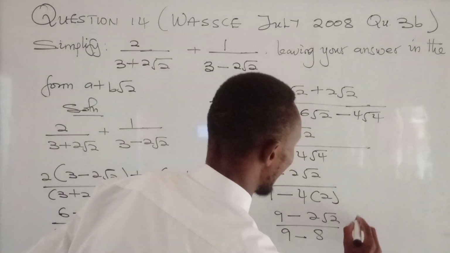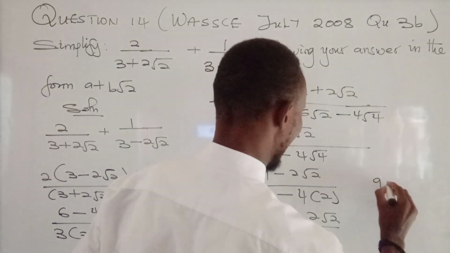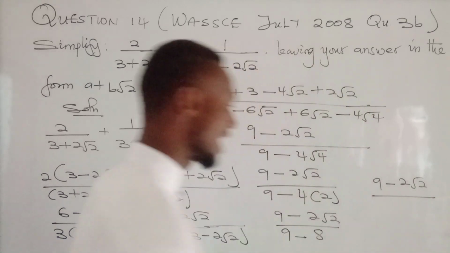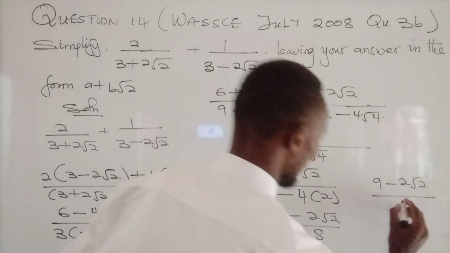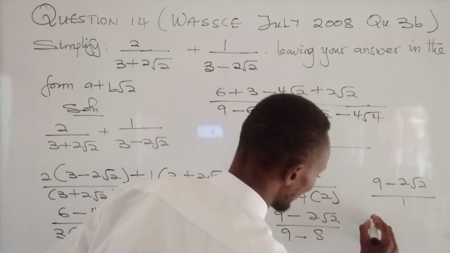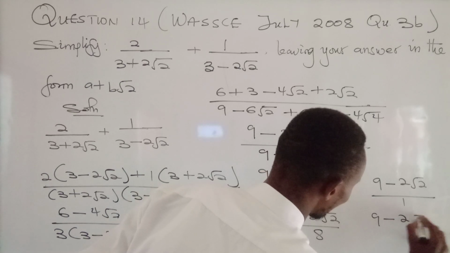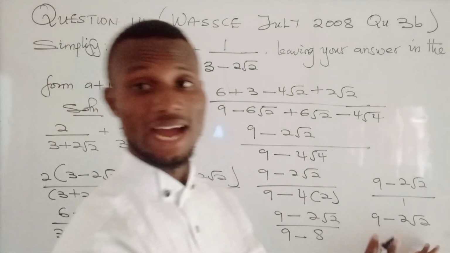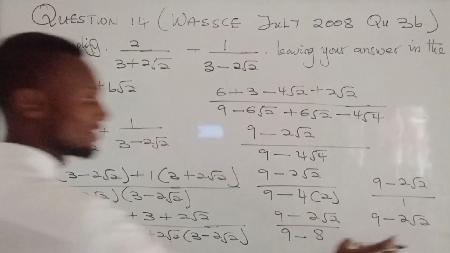So we are going to have 9 minus 2 root 2 all over, and 9 minus 8 gives us 1. So it's the same as having 9 minus 2 root 2. So this is our final answer for simplifying what we are given. So that's the final answer.